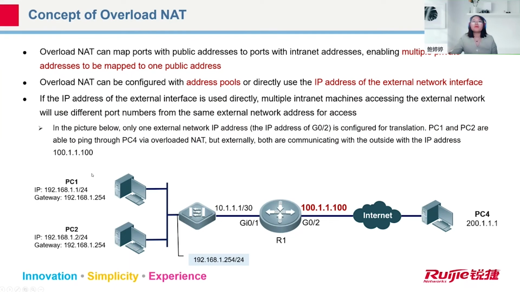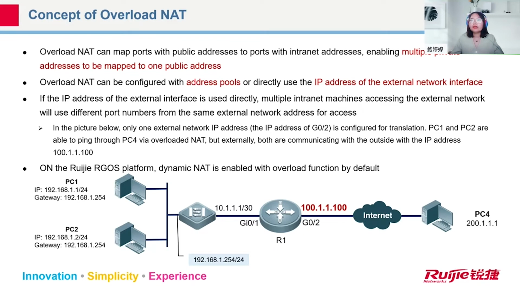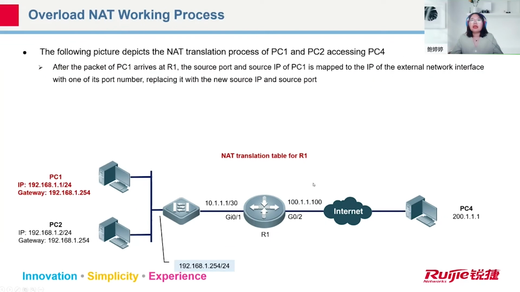For example, PC1 and PC2 want to visit PC4, but we only have this public IP address, 100.1.1.100. And how do we indicate different private IP addresses? We can use the port number to distinguish them. And on the Ruijie RGOS platform, dynamic NAT is enabled with the overload function by default. So you can directly use this function.